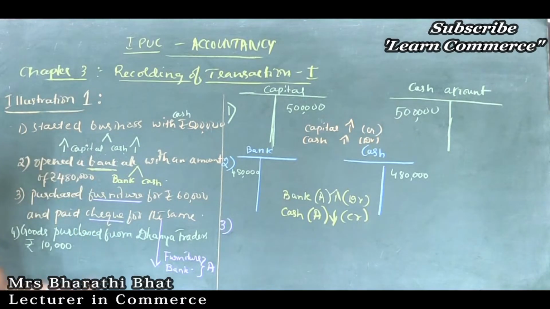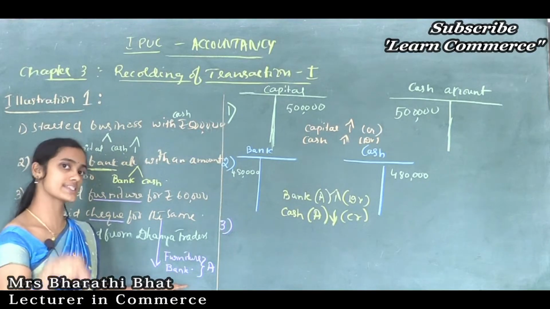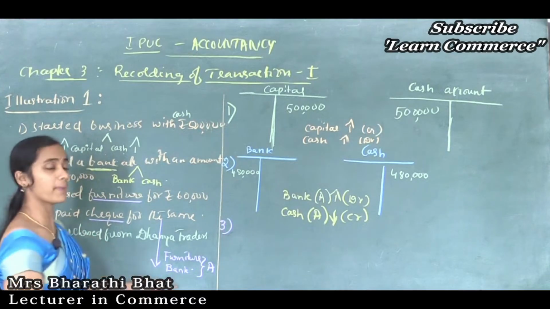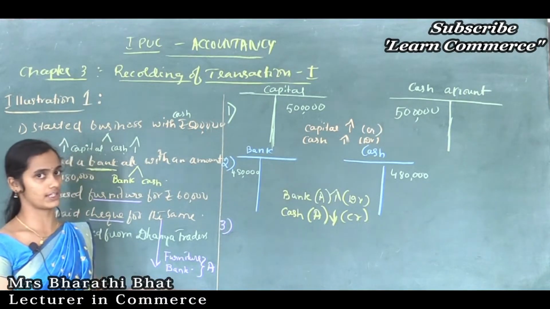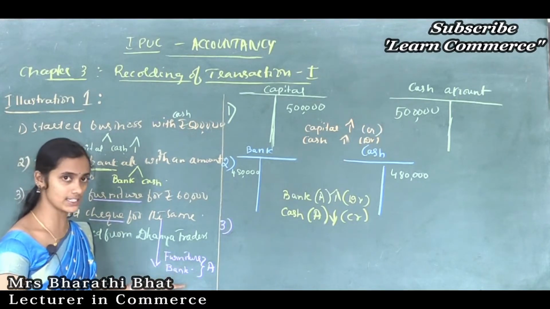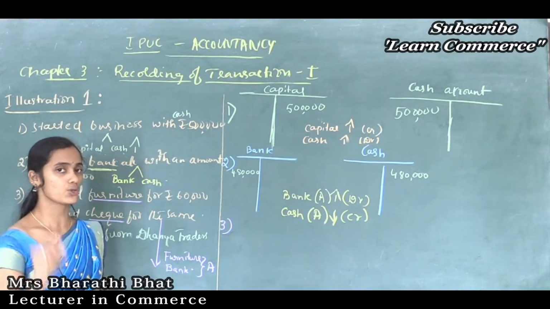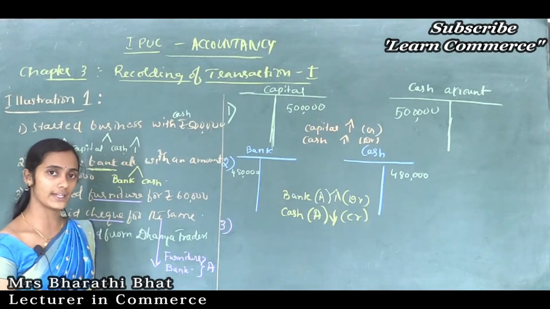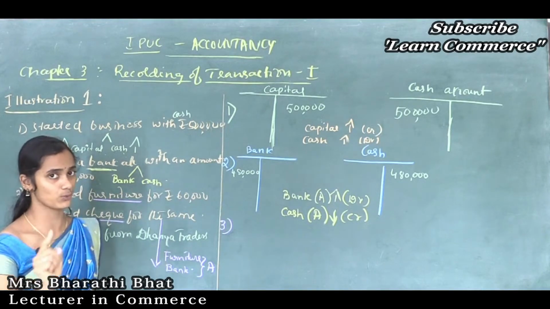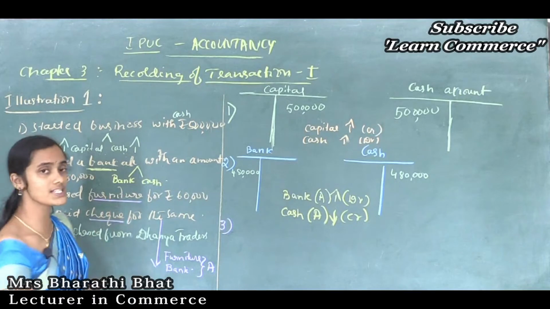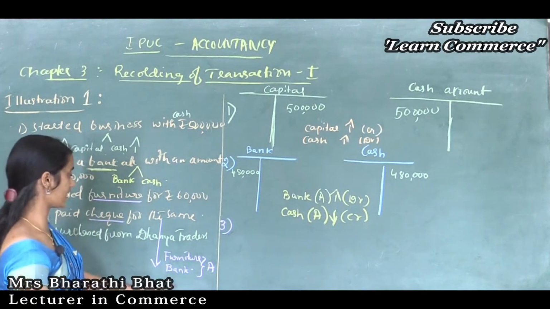Correct, right? Furniture is also an asset, meaning a resource of an organization. Bank is also a resource of an organization. So both come under asset. So which rule should be applied here? Yes, the asset rule. What is the rule of asset?